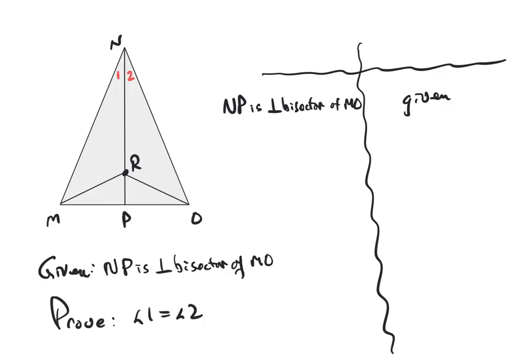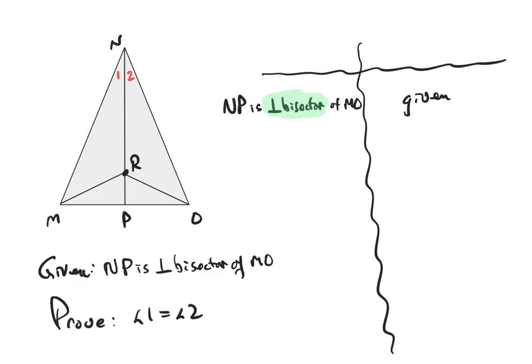Okay? Now, what that helps us with is now we have the theorem. Because I have this perpendicular bisector, I can now apply the theorem, which says if you pick any point on the perpendicular bisector, it's going to be equidistant from the endpoints of the segment.